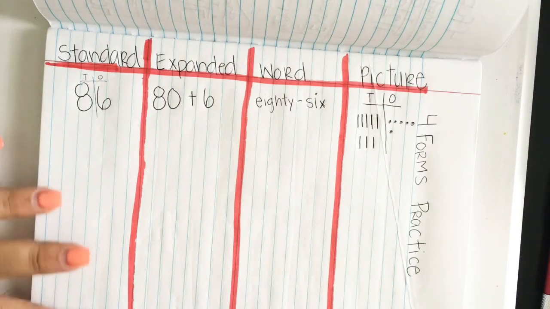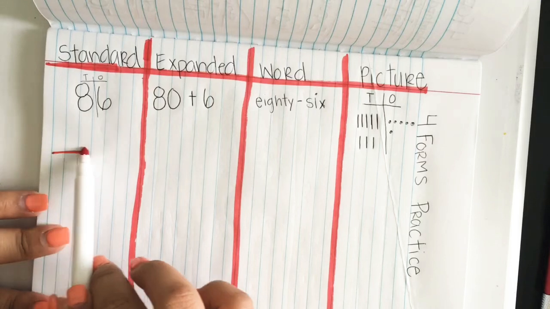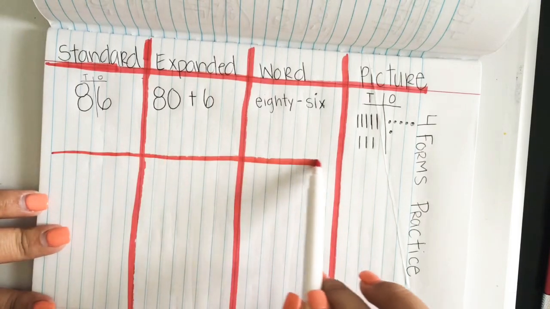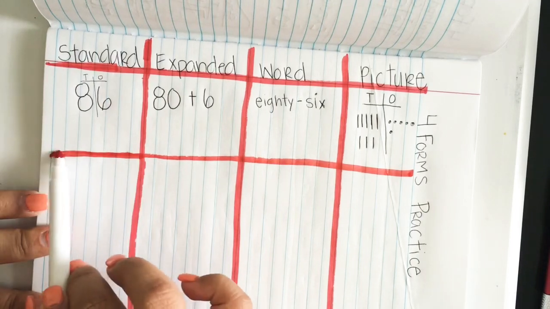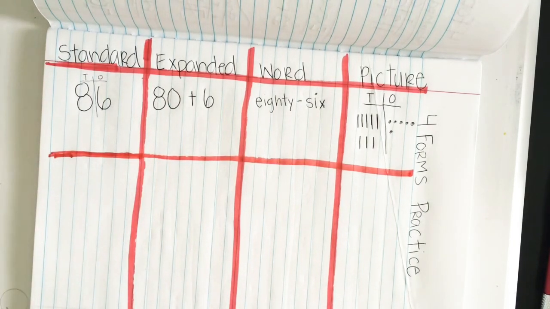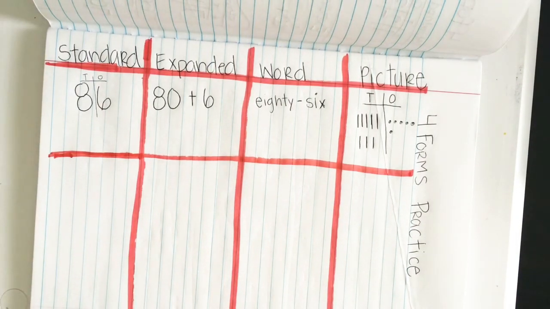So part of your assignment today is I'm going to give you a number, and you're going to complete the rest in your notebook. I'm also going to give you another 2-digit number, and then we'll work our way up to a 4-digit number.